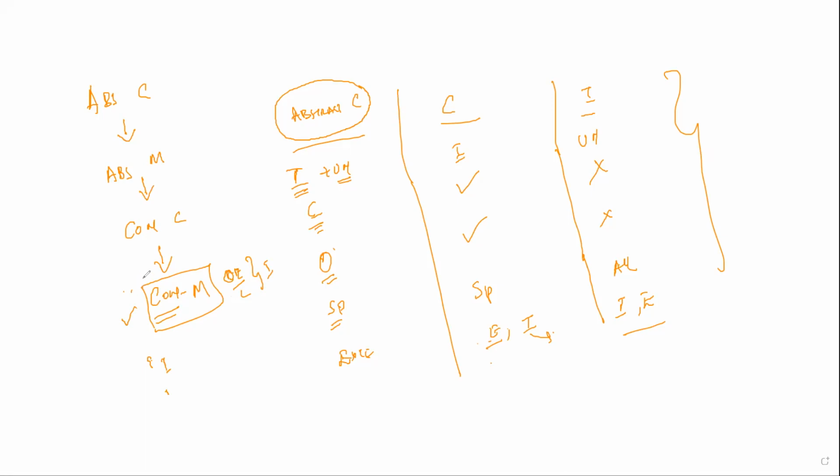Any doubts? These are the normal methods, which we call basic concrete methods. Now, if I have all concrete methods in a class, then this is called a concrete class, which is a normal class where all implemented methods will be there.